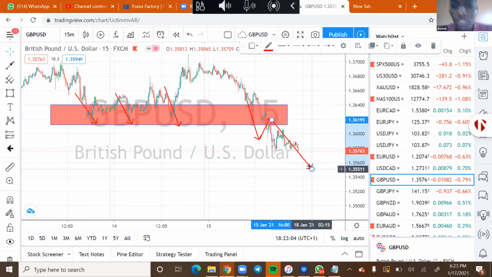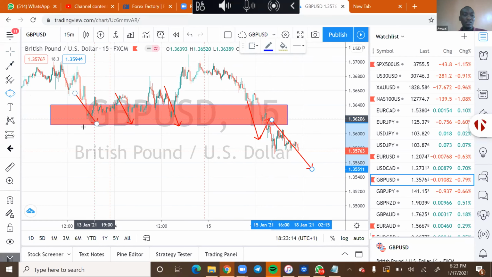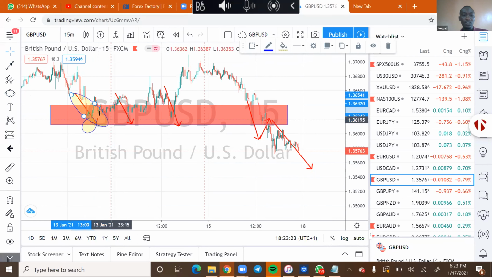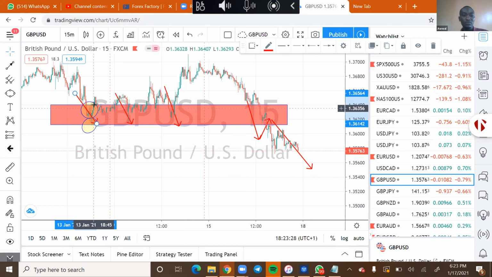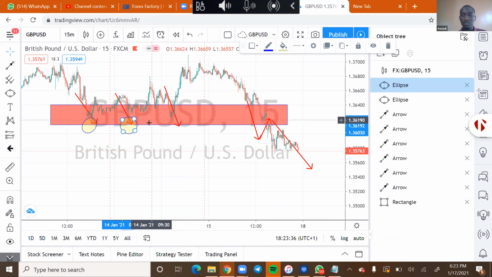So the moment price breaks an area, you can see price was finding it difficult to break at this junction, at this junction, and at this junction again.